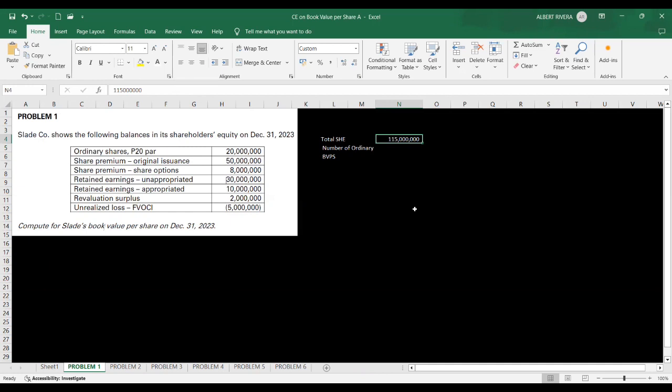Okay? 115 million. So divided by the number of ordinary shares outstanding, which is 20 million divided by 20. So that would be 1 million number of shares. So the book value per share here is 115 million divided by 1 million. So the answer is 115.